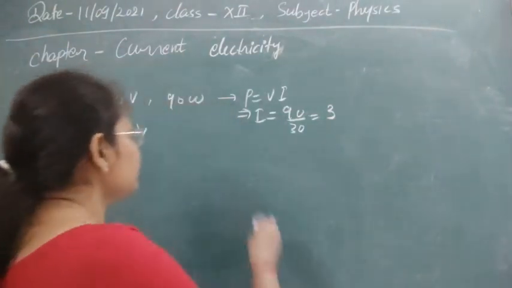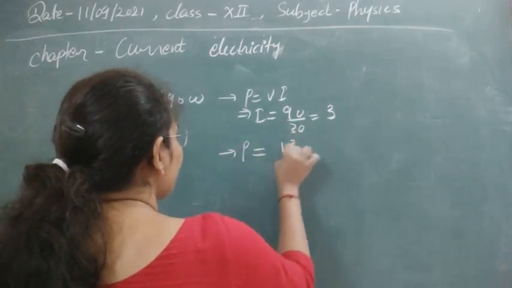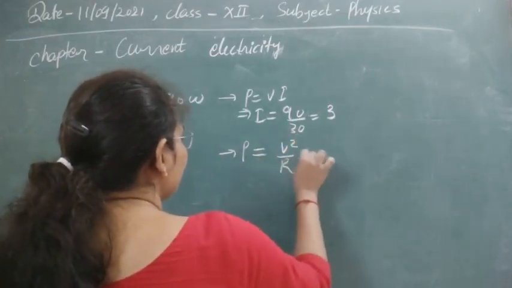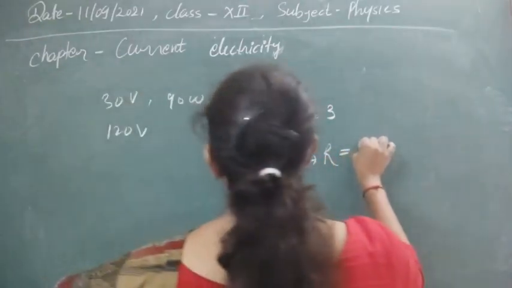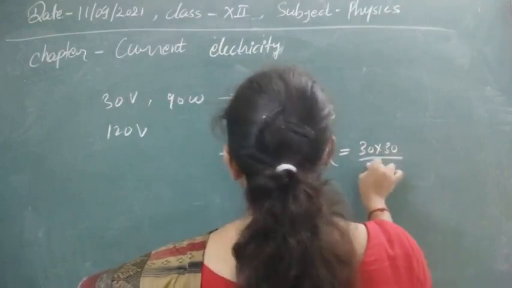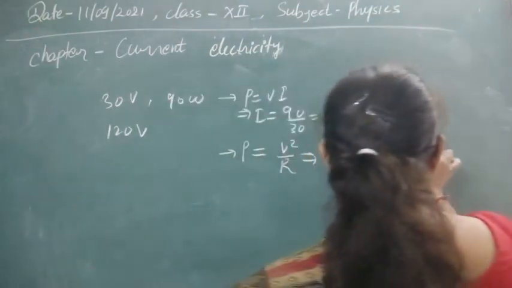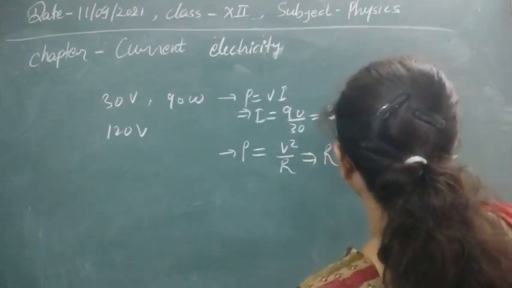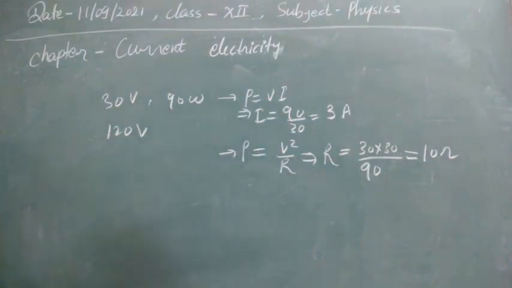The resistance is given by P is equal to V square upon R. So R will be equal to V square, that is 30 squared, upon P, that is 90. You can see the value of R is obtained as 10 ohm. So this is the resistance we have got for the bulb, and that is the value of current we have got.